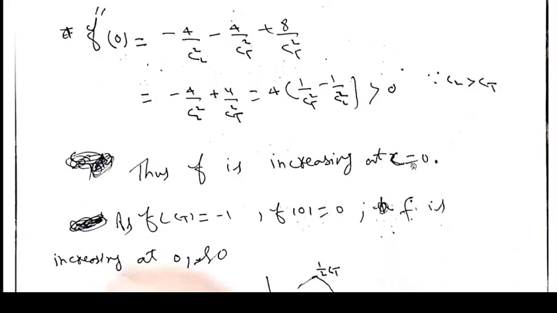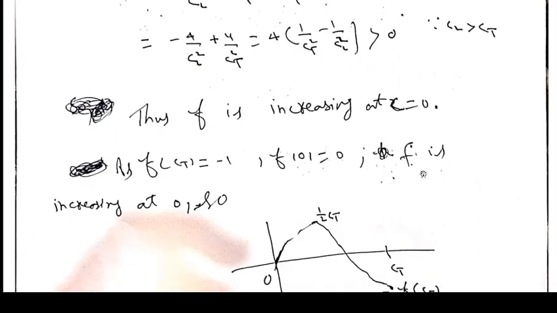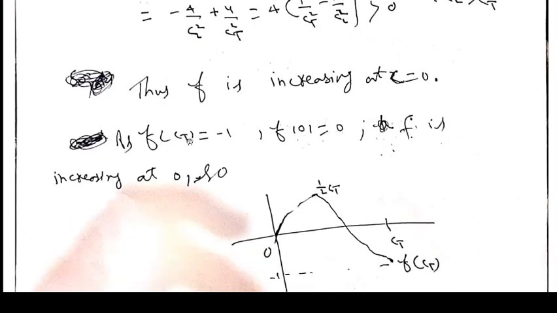So the function is increasing at this point, and we have these things. At 0 the function is 0, at ct the function is negative, and also at 0 the function is increasing. So the graph will be like this. It will go like this, then it must cross this line to come to this position.